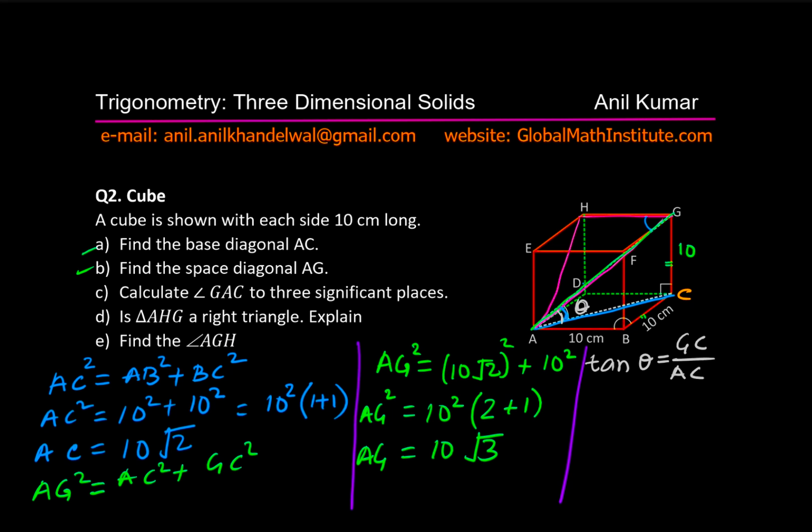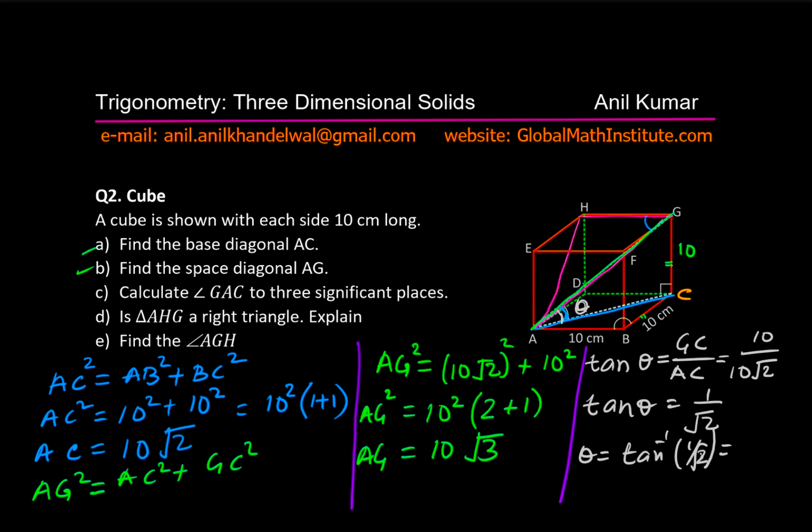Now that's a right triangle. So we get tan theta equals GC over AC, which is G to C is 10 over A to C, we just found as 10 square root 2. And so we get tan theta equals 1 over square root 2, or theta equals tan inverse of 1 over square root 2.